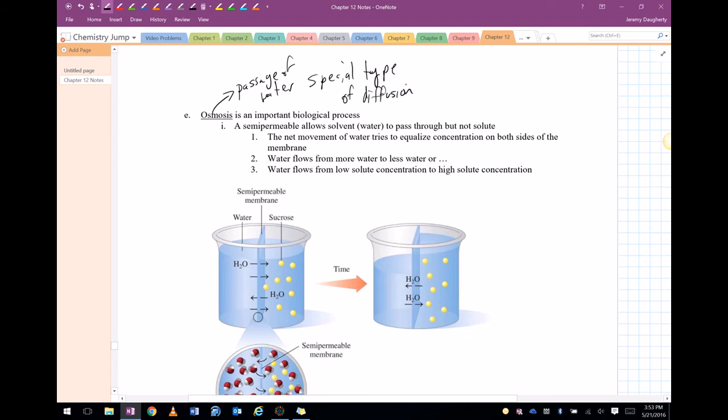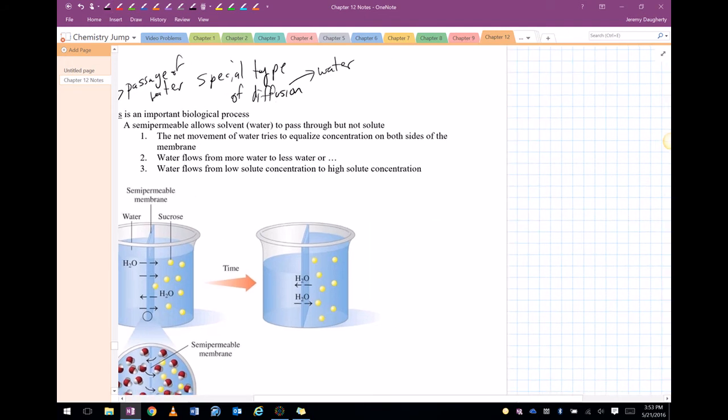Now in this case, what's being diffused is water. And if you know anything about diffusion, it's always from high concentration to low concentration. And in this case, what we're talking about is the amount of water.